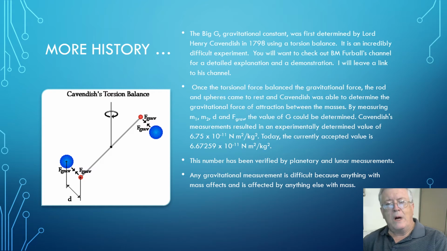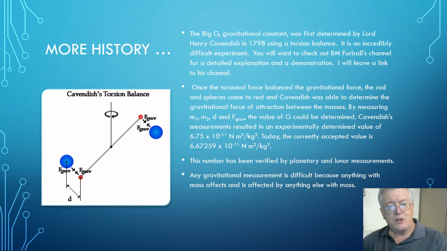So once this torsional force balanced the gravitational force, the rod and spheres came to rest, and Cavendish was able to determine the gravitational force of attraction between those two masses, the blue balls.